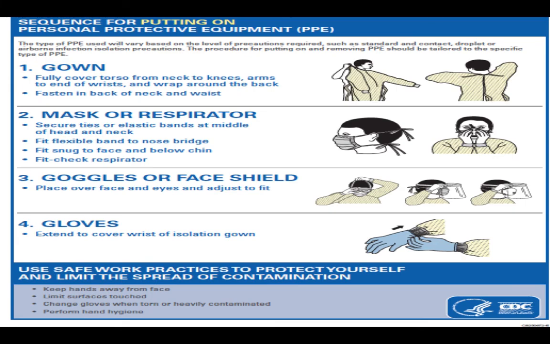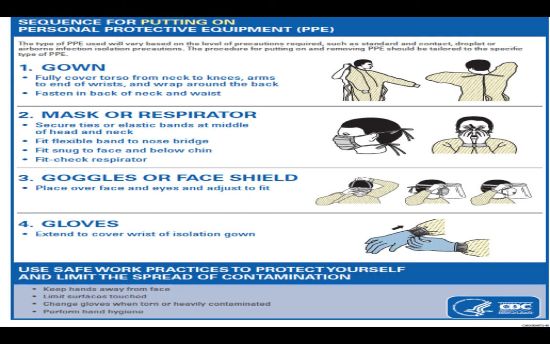In the next couple of slides, you will see there's a sequence when we're talking about our PPE, personal protective equipment, on how to put that protective equipment on. When you are using personal protective equipment, full PPE is not required for the settings in which we work.